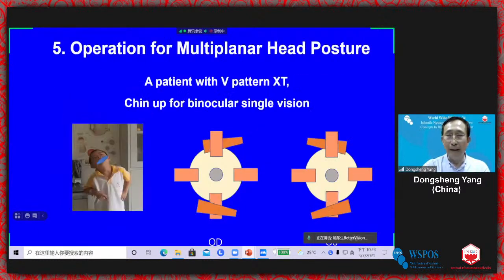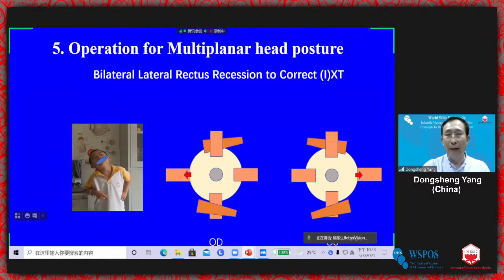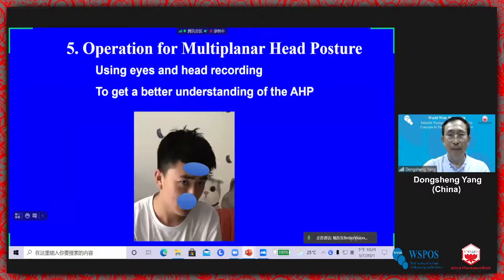But sometimes, like this patient who has the V pattern XT, he got chin up for binocular single vision. In this case, you do bilateral rectus recession to correct the IXT, not the vertical muscle or anything else.